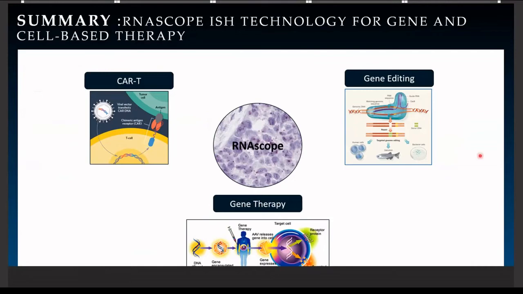So it can be used to visualize in vivo delivery of therapeutic targets, viral and non-viral vector expression, and localization of the transgene expression in a specific cell type. So overall, all of our three assays that come under the broad umbrella of RNAscope technology have been used for cell and gene therapy applications.